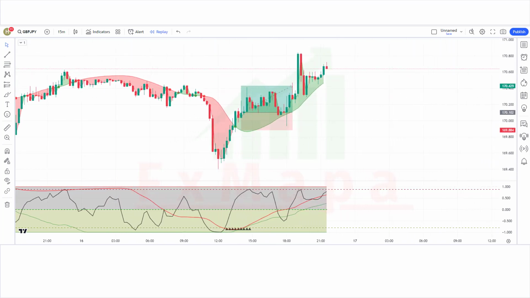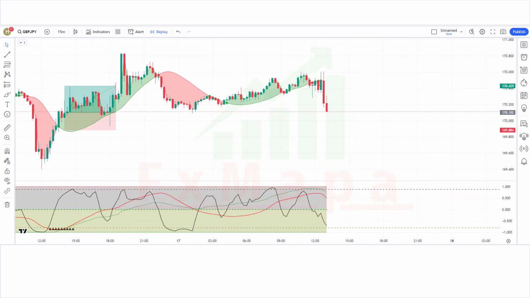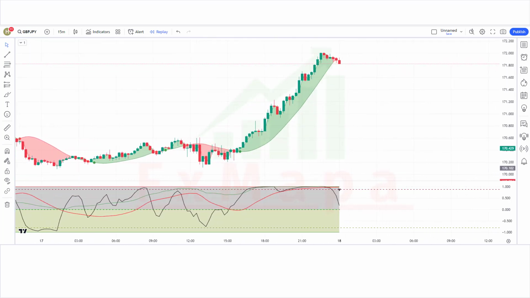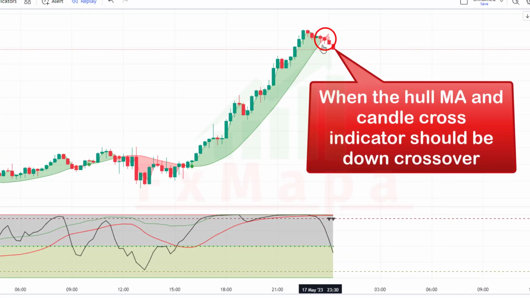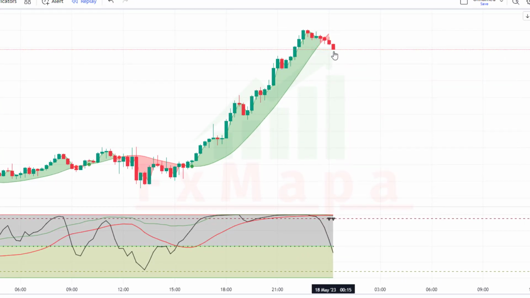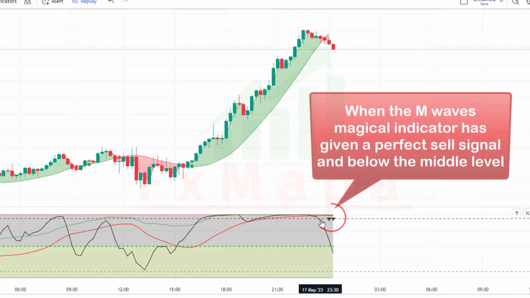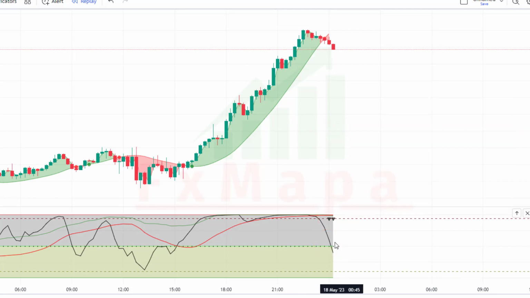Now, let us understand the short position. The Hull Moving Average and Candle Cross indicator should be a down crossover. The market forms a bearish candle. The M Waves magical indicator has given a perfect sell signal and is below the middle level.